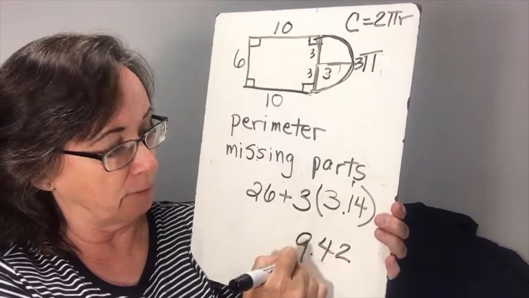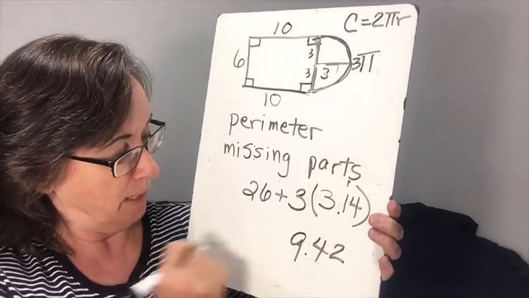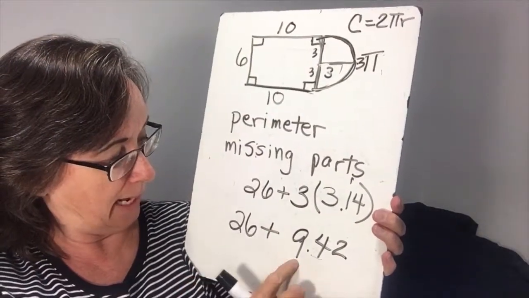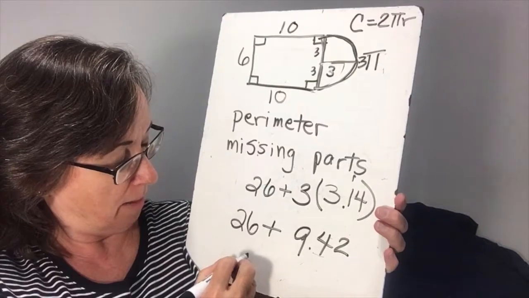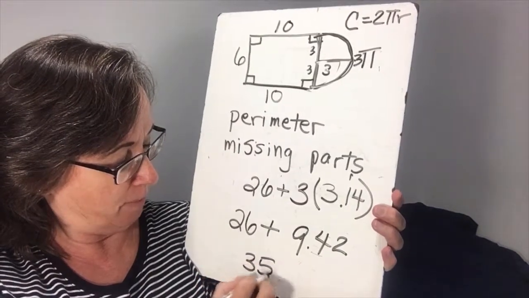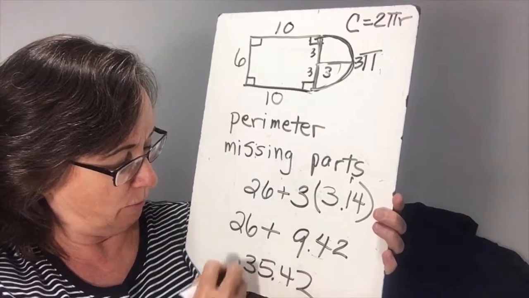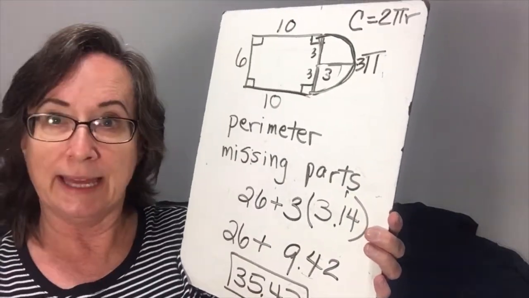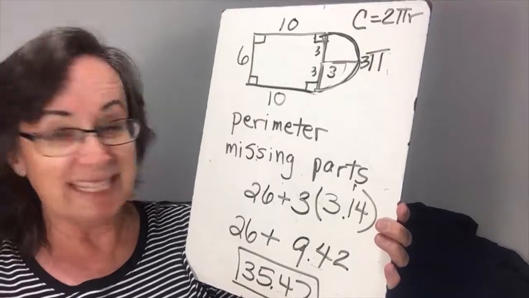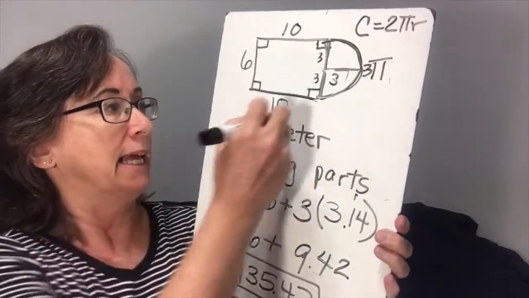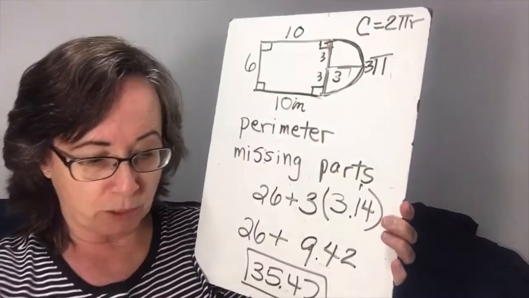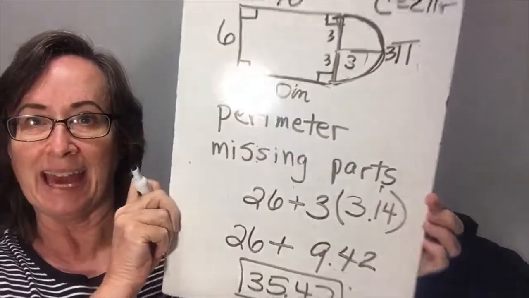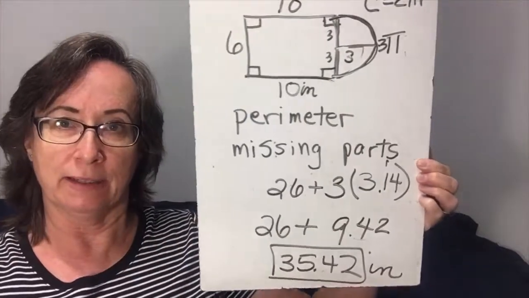I will get 9.42 plus 26 is going to be, when I add the whole parts together, 35.42. And 35.42 is the answer. So this was all in inches. So of course we should put inches in our answer. And that is your first example there.